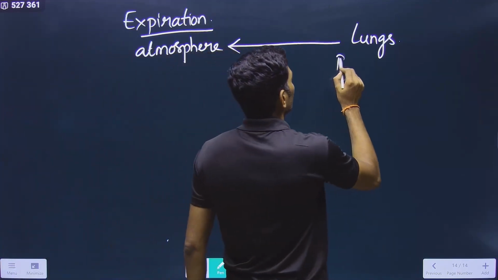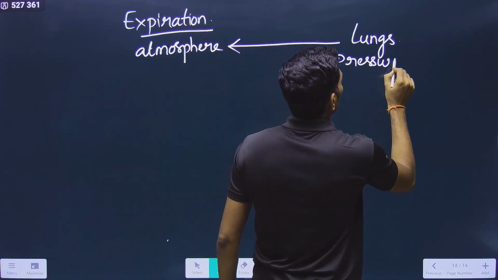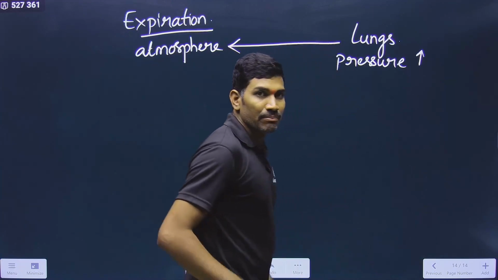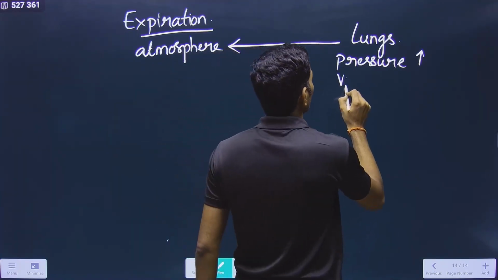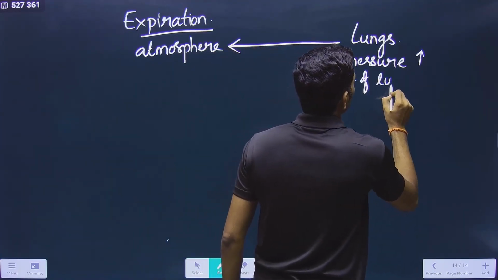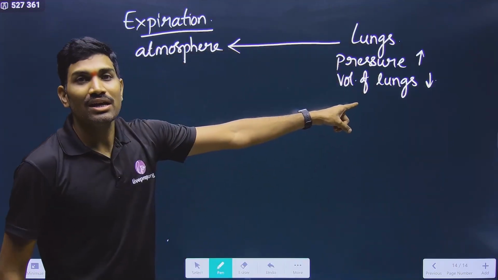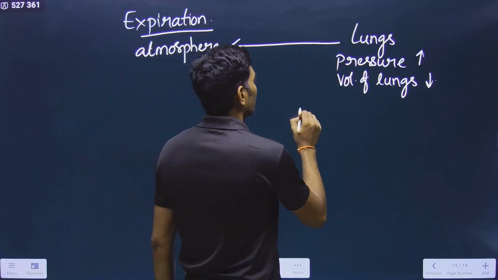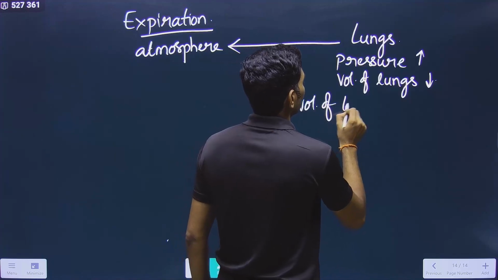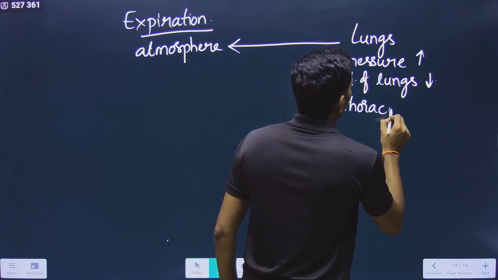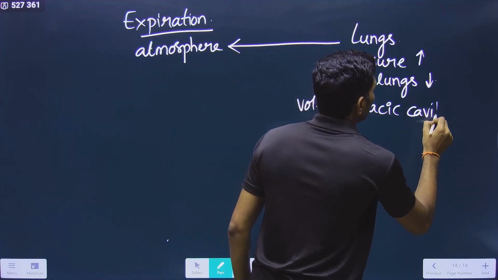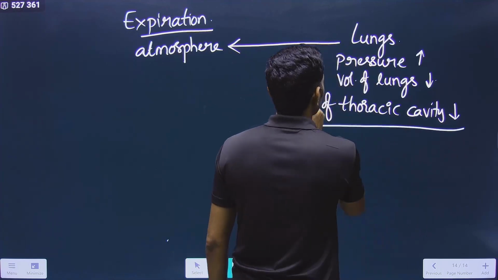That means pressure in the lungs is high. Pressure in the lungs is high means volume of the lungs is low, so the volume of the thoracic cavity should be low.